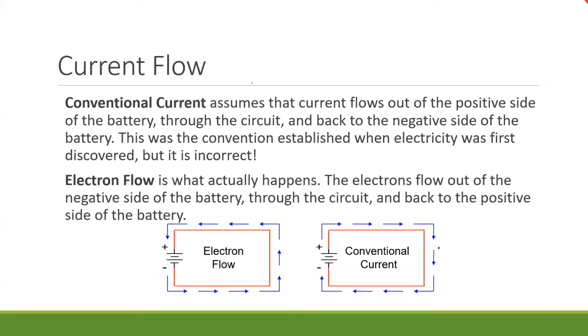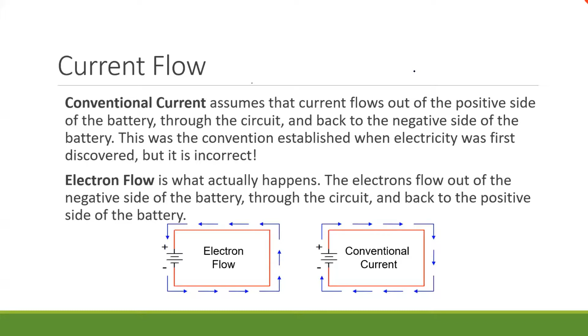This was the convention established when electricity was first discovered. It is incorrect though. When we first discovered electricity, this is what we first thought, because we thought the positive charges were moving. Electron flow is a different way to draw current.